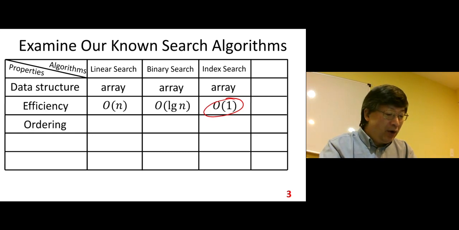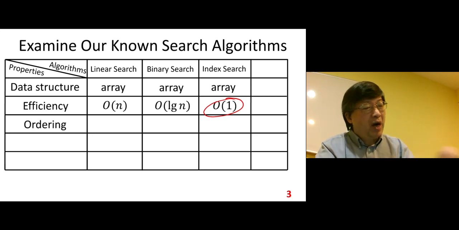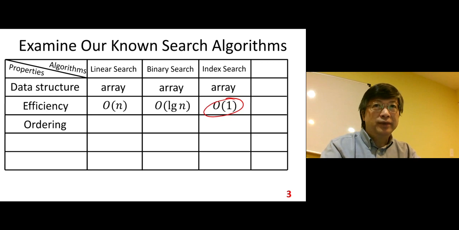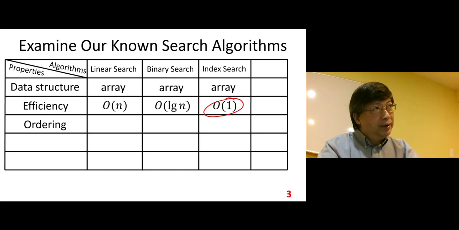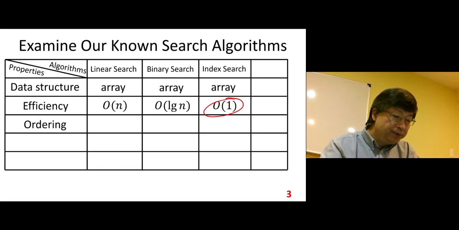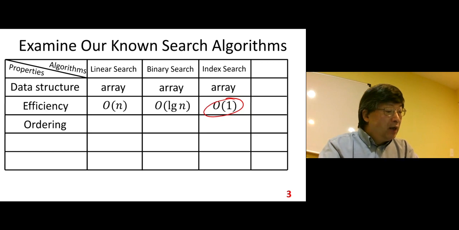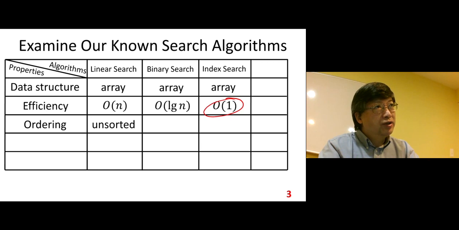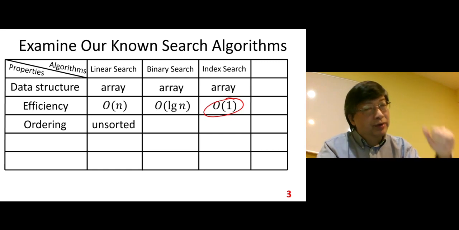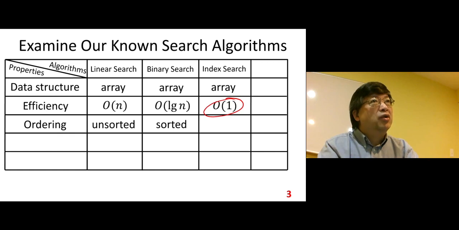Ordering, right? This property, the ordering property, we can consider a little bit. Linear search we can apply on unsorted data. The binary search requires your data to be sorted.